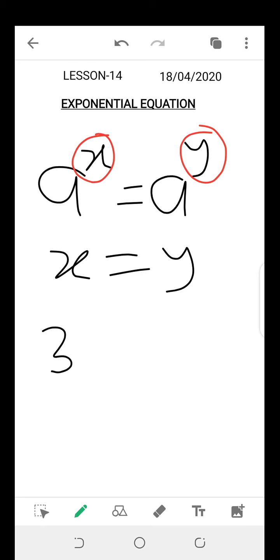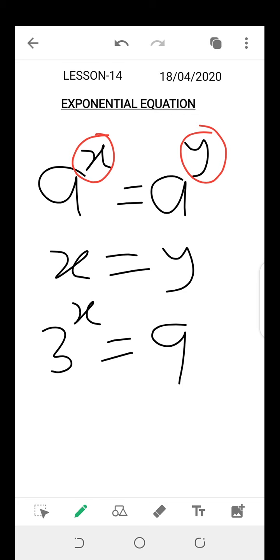First, we have 3 raised to power x equal to 9. So we need to make the bases the same. We need to change 9 to an index.